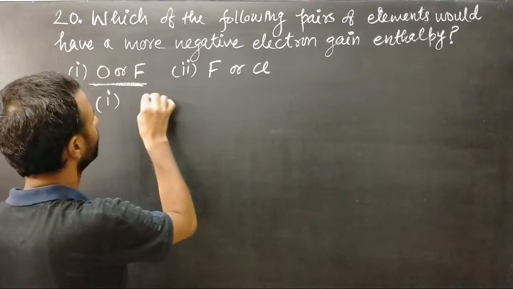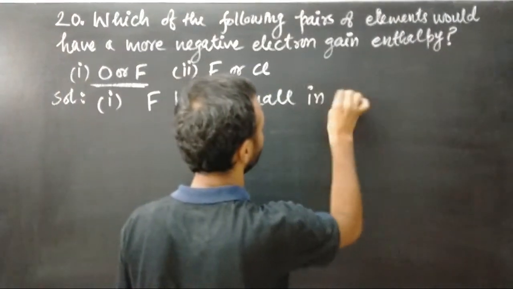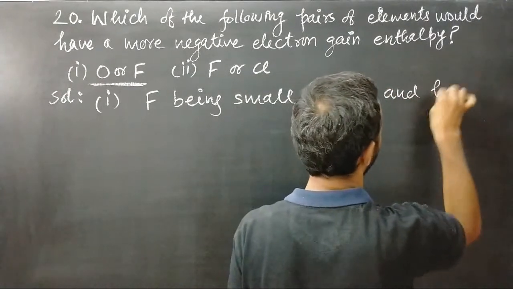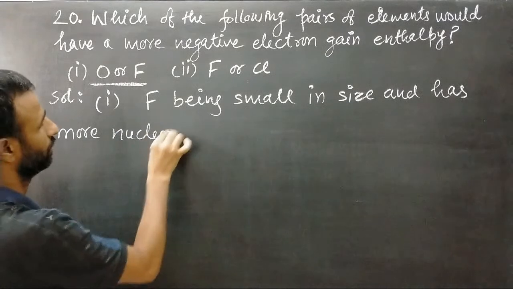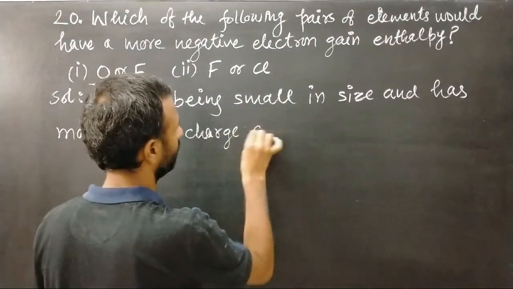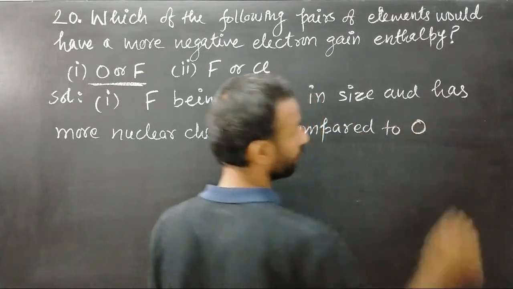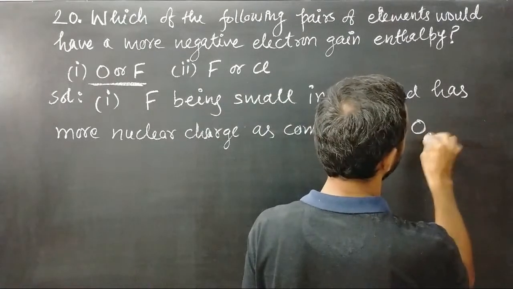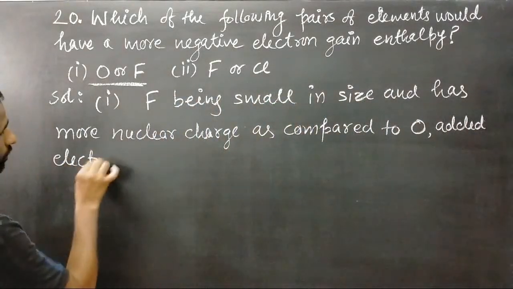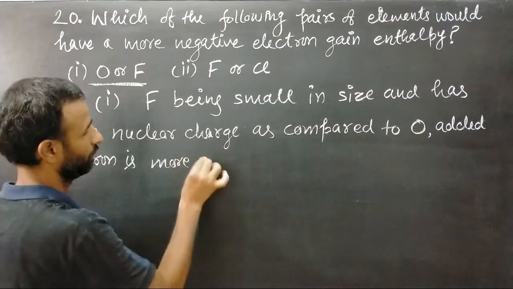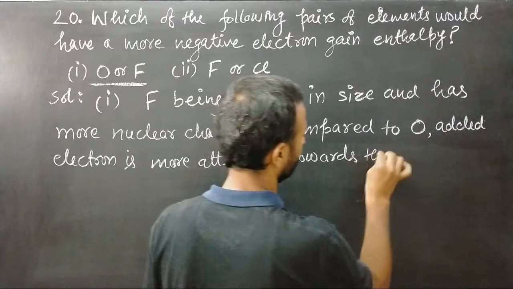So what will you write? Fluorine, being small in size and having more nuclear charge as compared to oxygen, the added electron is more attracted towards the nucleus.